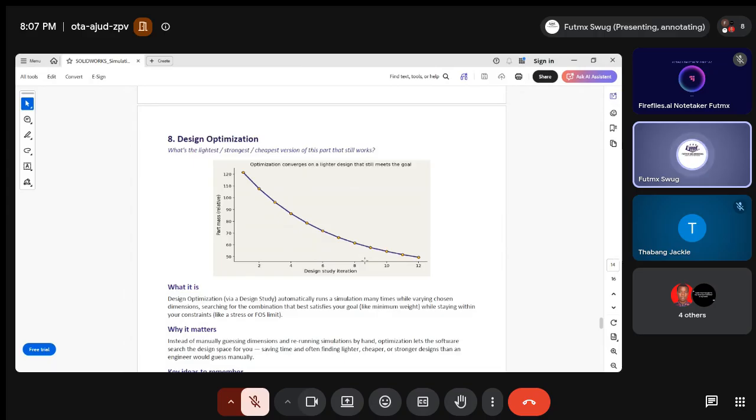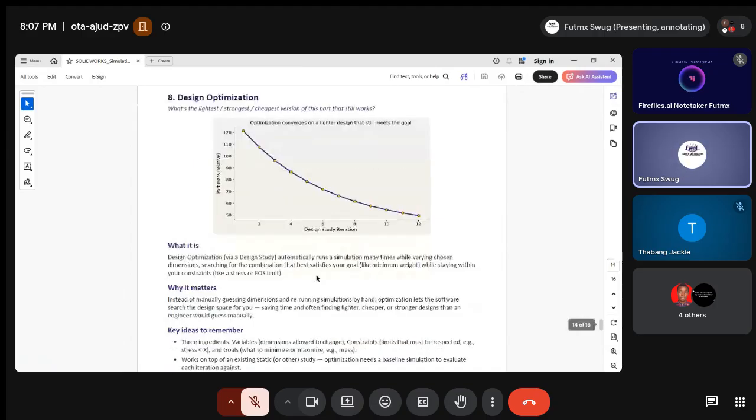So that's where design optimization in terms of topology optimization comes to play.